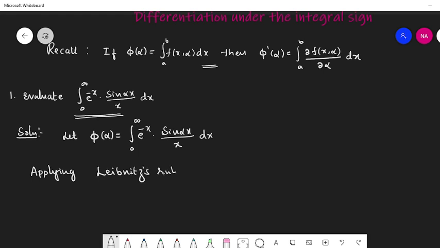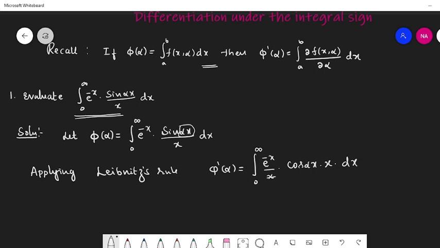we have phi dash of alpha equal to integral 0 to infinity, e power minus x by x, which is independent of alpha, that we'll write separately, times sin alpha x, differentiating which we get cos alpha x into the derivative of alpha x with respect to alpha, which is x, into dx.